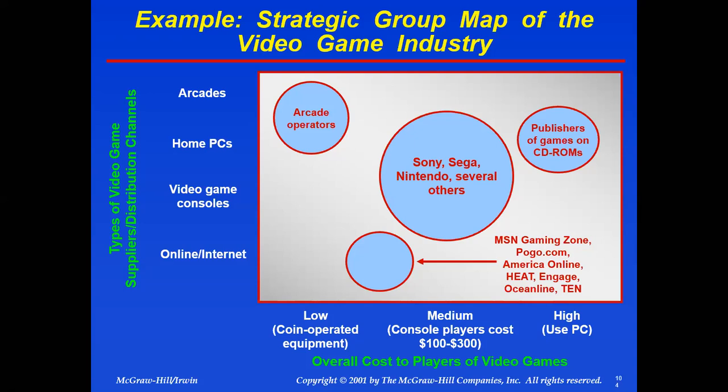Based upon these two factors, we have categorized the video games on this matrix, on this plot area. And different companies are placed based upon the values on the axis in this plot area.